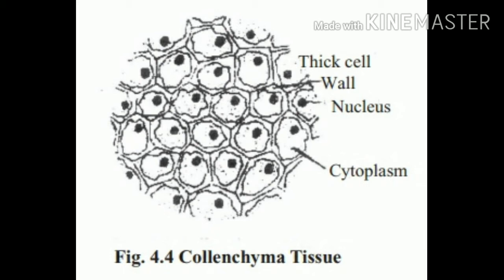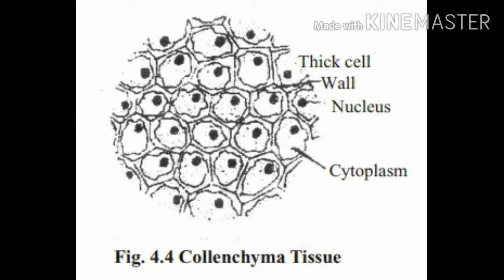They can be oval, spherical, and polygonal in shape, often containing chloroplast. And these cells assimilate food when they contain chloroplast. Intercellular spaces are absent here, and they provide mechanical support to growing plant parts such as young stem and petiole of a leaf.